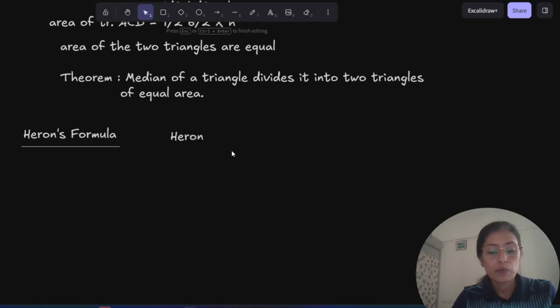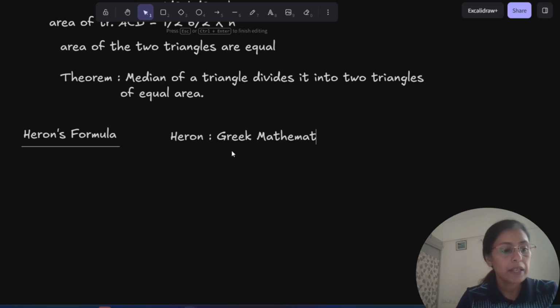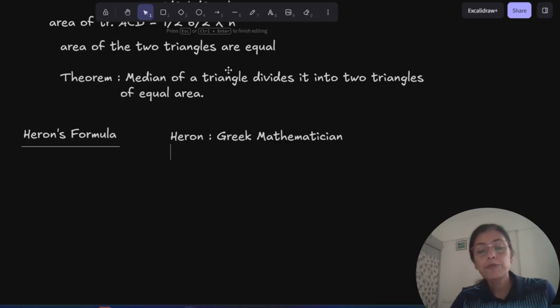So Heron was a Greek mathematician. He was a Greek mathematician, and what he gave was that, suppose you don't know the height of the triangle, you just know the length of its sides.